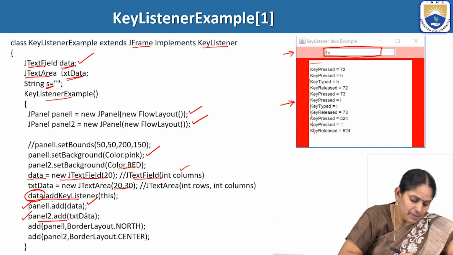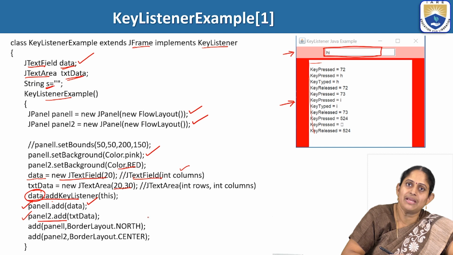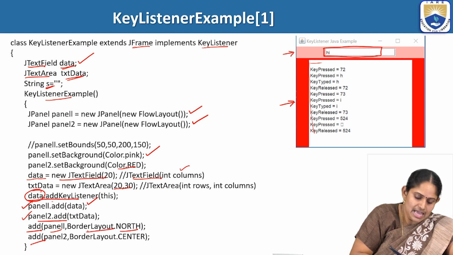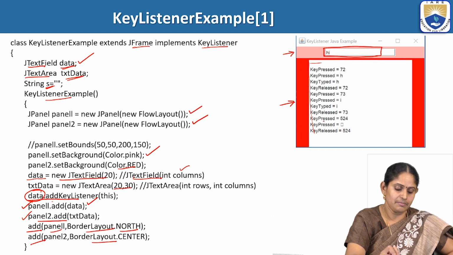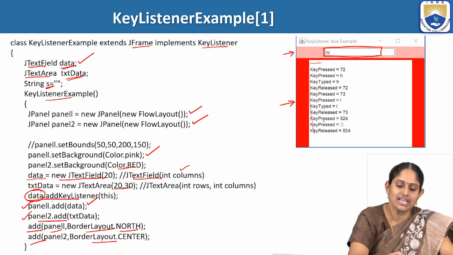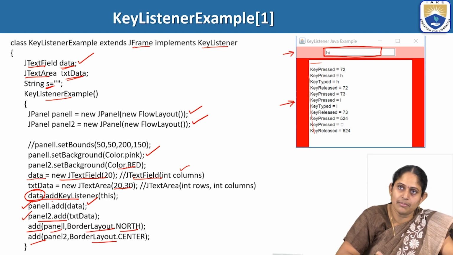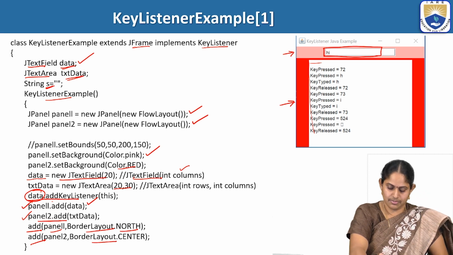Then these two panels are to be added onto the JFrame. So we call the add method: add panel1 with BorderLayout in the north part, and add panel2 in the center. That is why we have one panel here and the second panel coming in the center location.